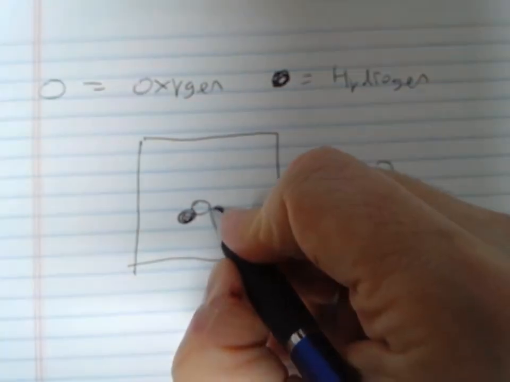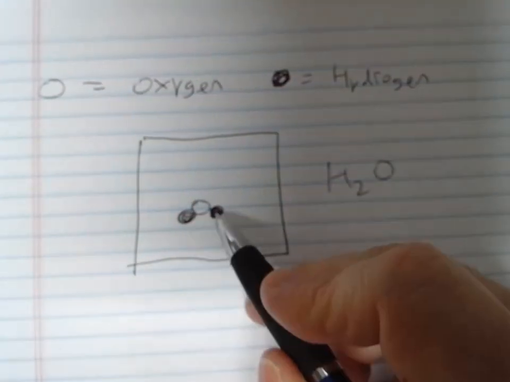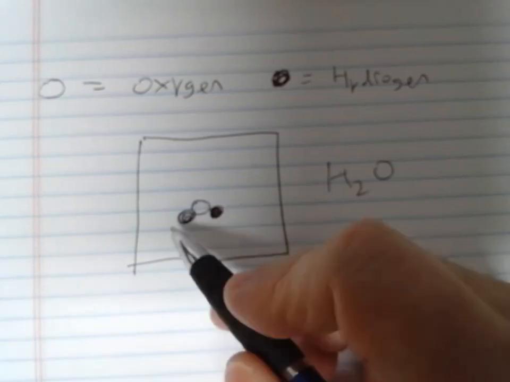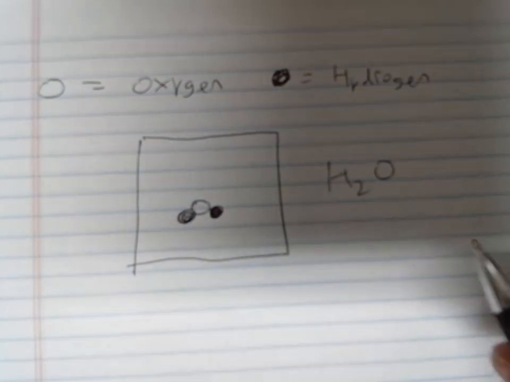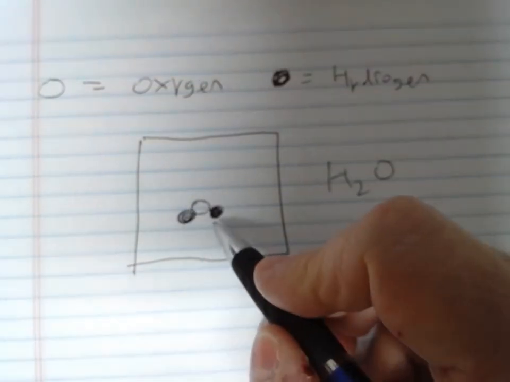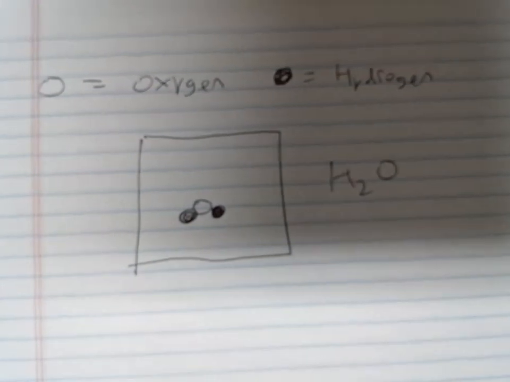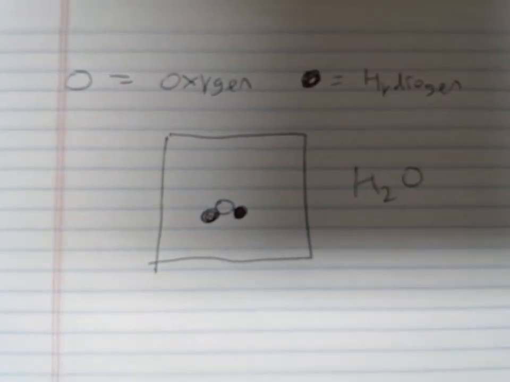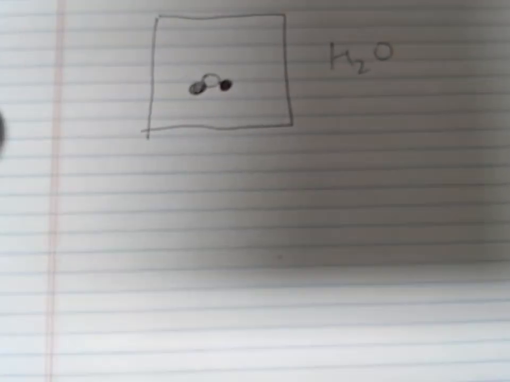Now, it doesn't matter how you put them together. You could put the two dark circles together and then the light circle on the other end. But I'm just showing you that they are connected. This is how you show a molecule. They must be connected. They must be touching. Okay? Now, what if they say, all right, now that you've drawn a molecule, what about showing a picture where it's a compound, showing more than one?